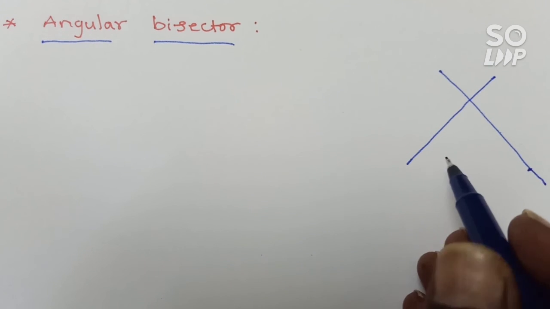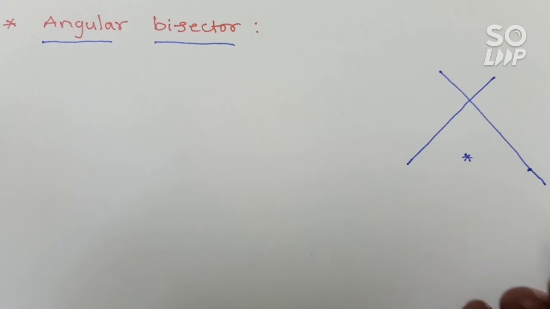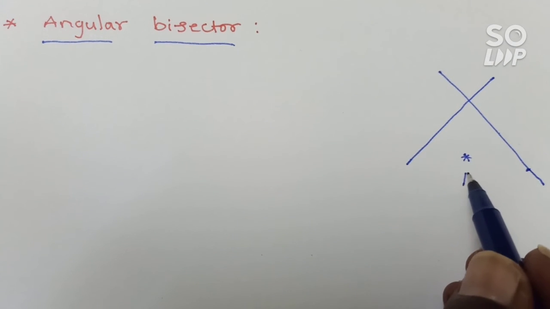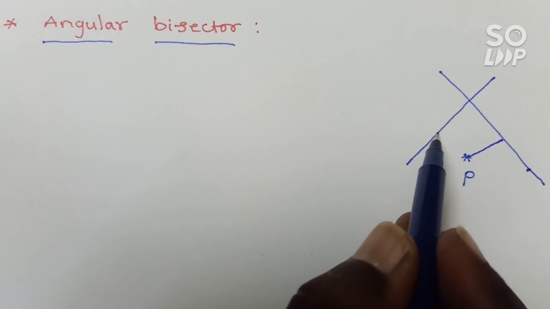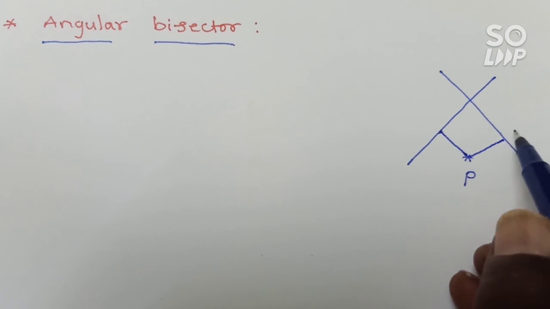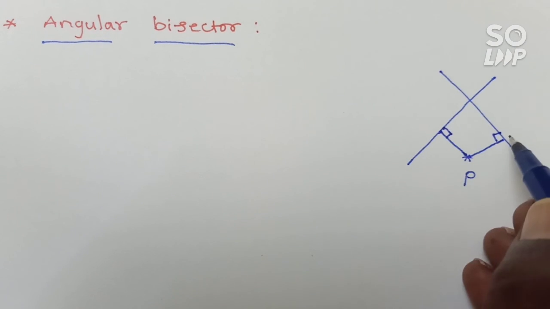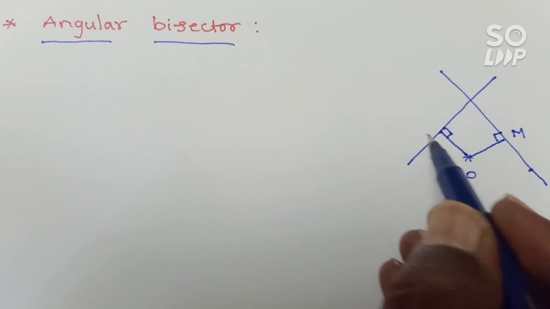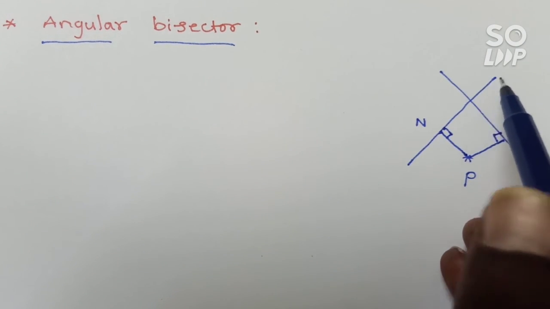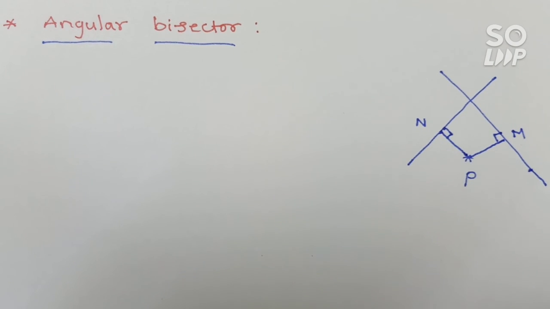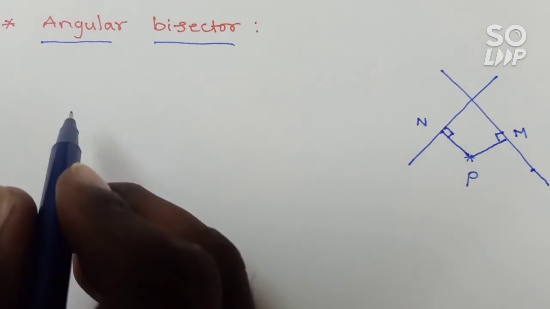Now the locus of a point, let this point be P, which is equidistant from the two lines. This one is M and this one is N. So the locus of the point P means PN is equal to PM.